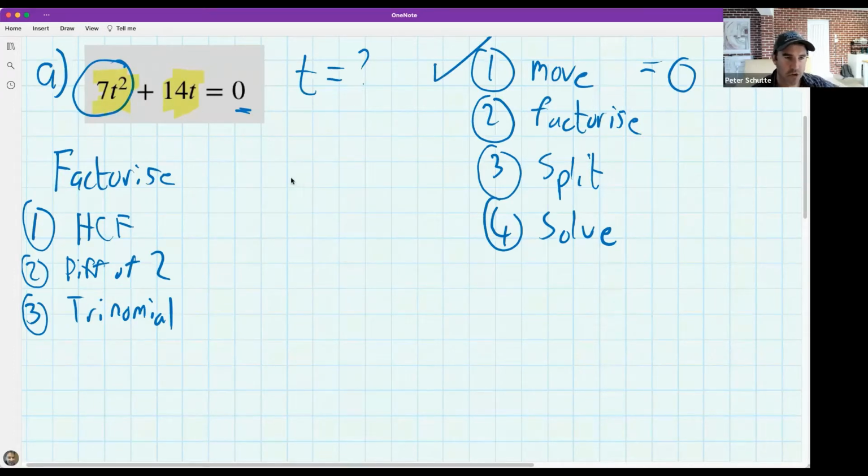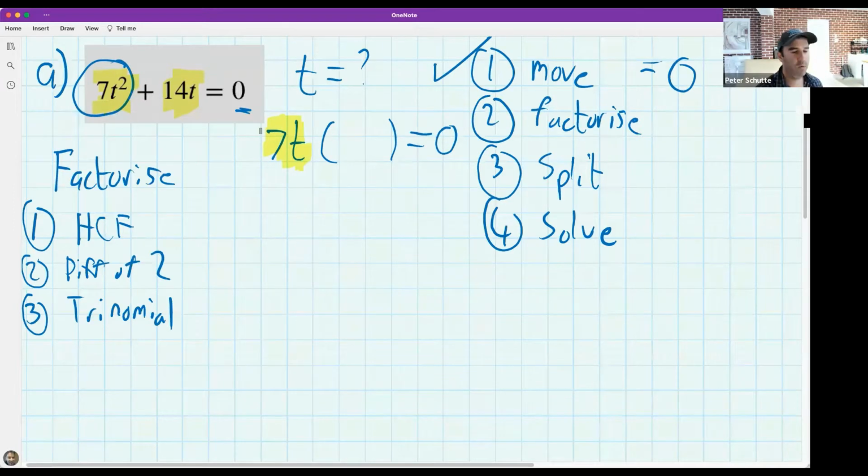And if I look at the two terms, the one thing I notice is that both of these terms have a 7 in common. And both of these terms have a t in common. And so what I'm going to do is I'm going to take out that 7t as what's called the highest common factor.